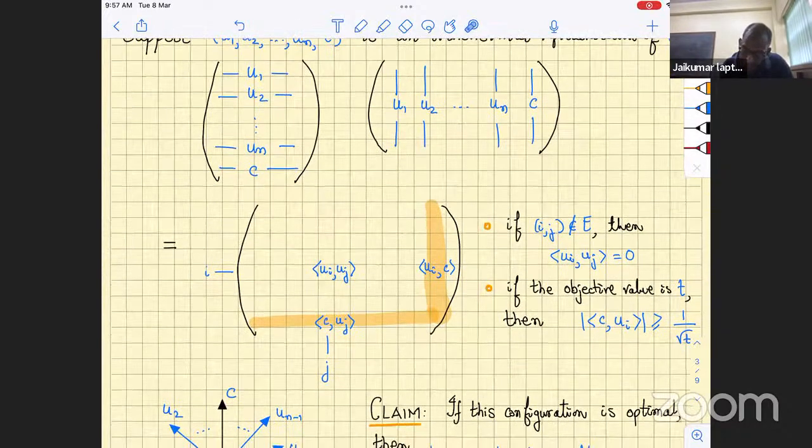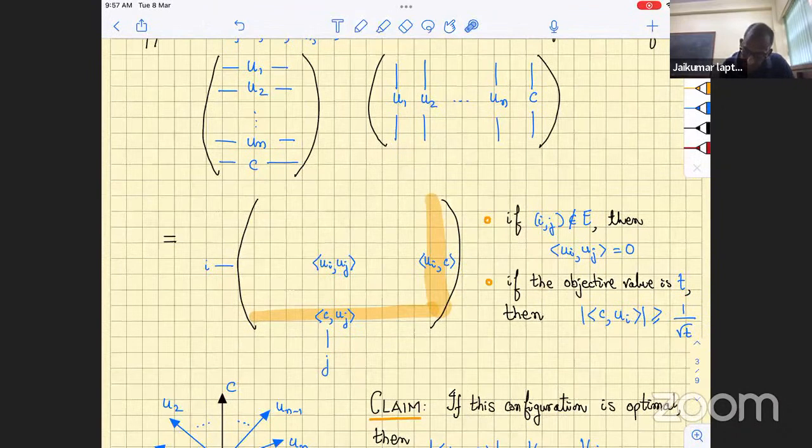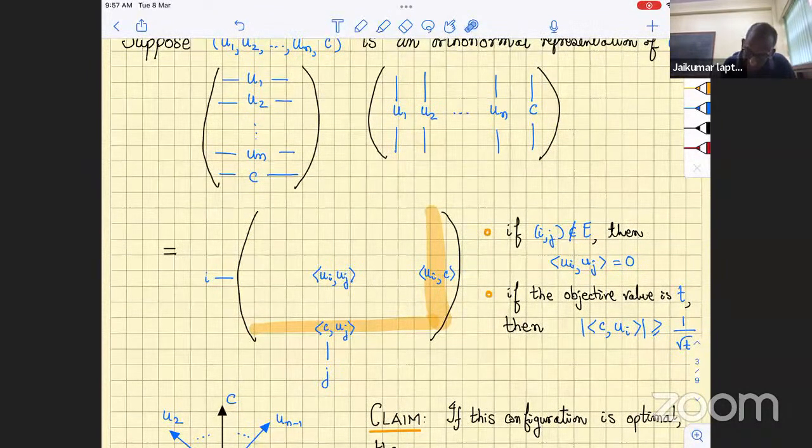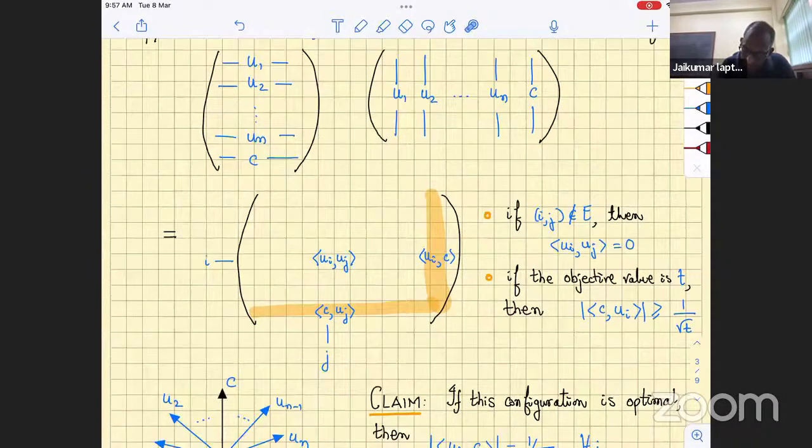And let us say the objective function is a certain quantity t. Then the dot products of c with each of those vectors, if you take its reciprocal square, that should be less than or equal to t. That means each of these dot products must be at least 1 over square root t.